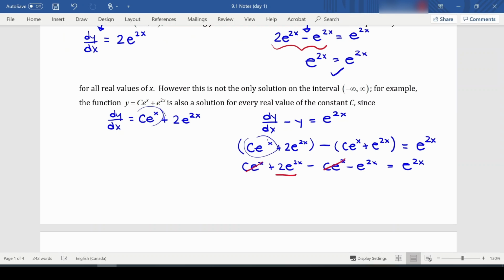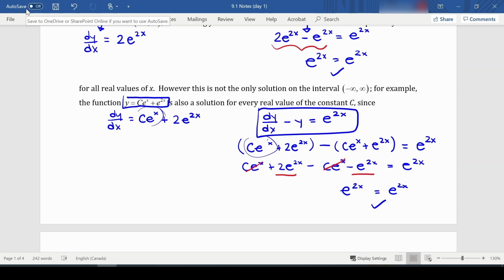And we end up with 2e to the 2x minus e to the 2x, which gives us e to the 2x, which is in fact the right-hand side. And therefore, this equation, y equals c e to the x plus e to the 2x, is also a solution of this differential equation for every real value of the constant c.